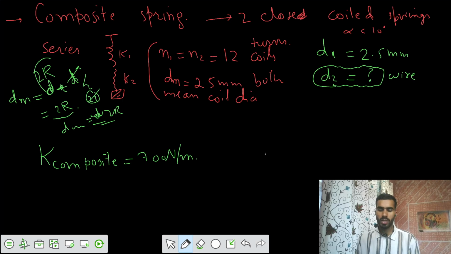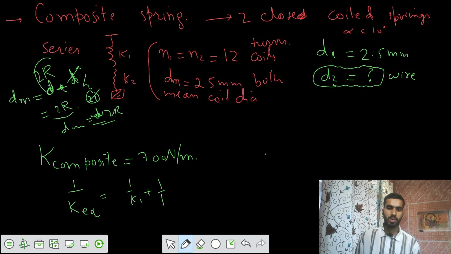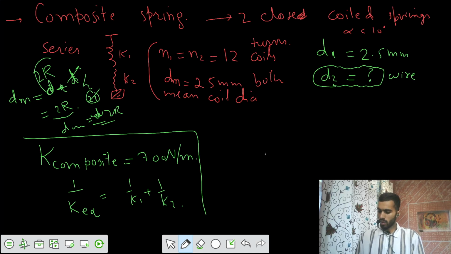Because the springs are in series, K equivalent equals 1 by K1 plus 1 by K2. Now you need to find the maximum load, P max, that we can apply to this composite spring.